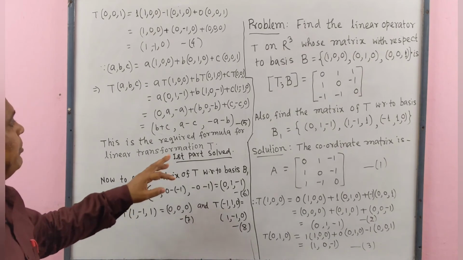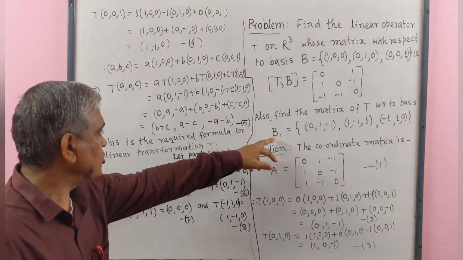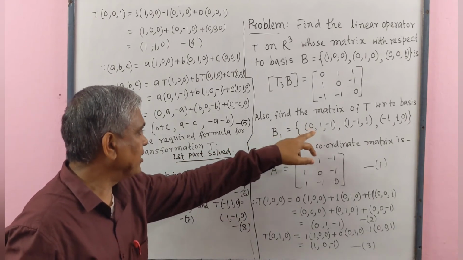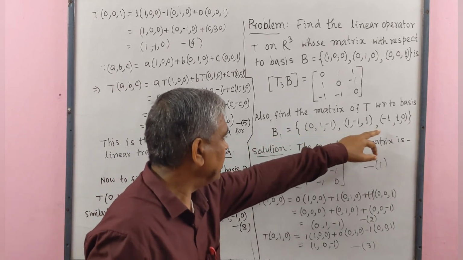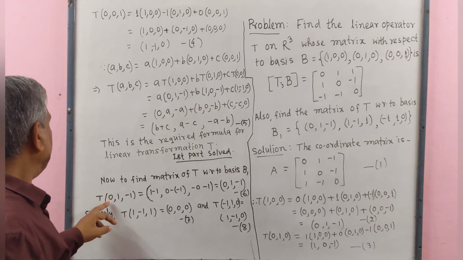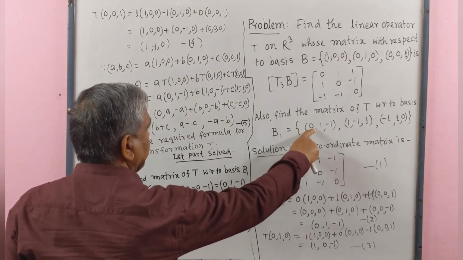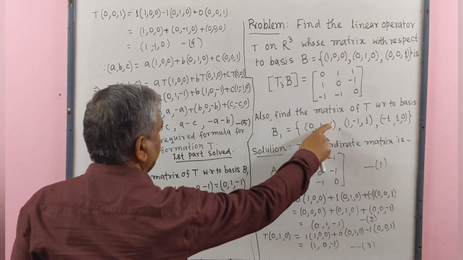Now, to find the matrix of the linear transformation T with respect to basis B1. B1 contains these three elements. Here B1's first element is the ordered triplet (0, 1, -1).